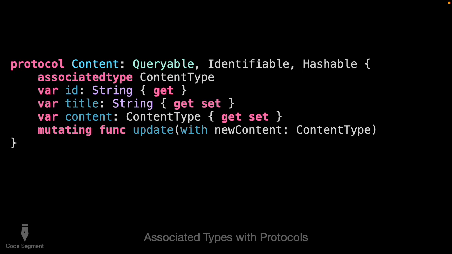You need to pick something, and that is the ContentType, and it needs to match with the ContentType that you use in the mutating function update with new content definition, okay? Otherwise, you'll get a compiler error. All right, that was associated types and generics.